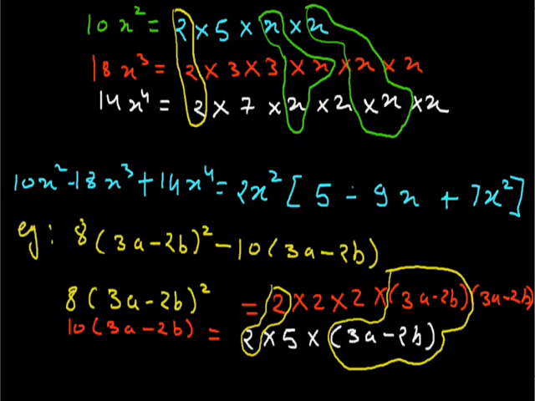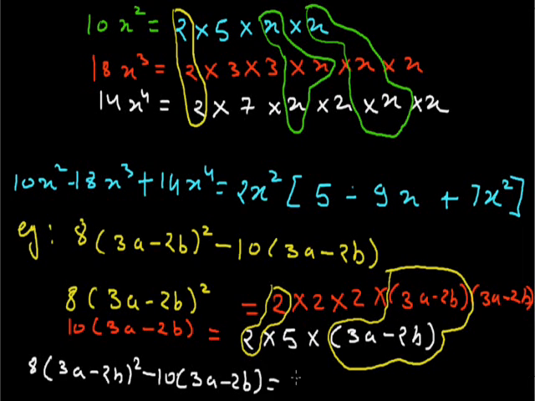So if we take out both these terms common out of this expression, we can write 8(3a minus 2b) whole square minus 10 into (3a minus 2b) as 2, which is common, (3a minus 2b), which is also common, and the remaining term will be 12a minus 8b minus 5.